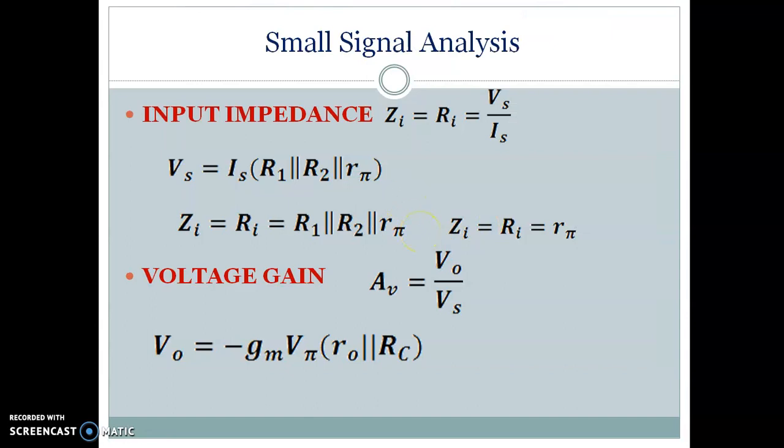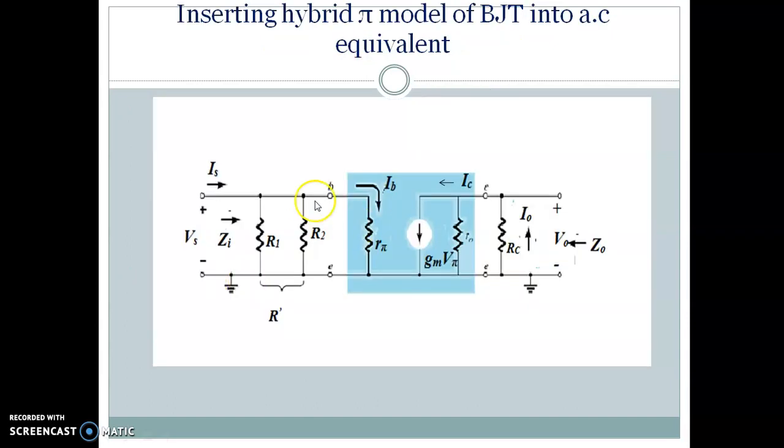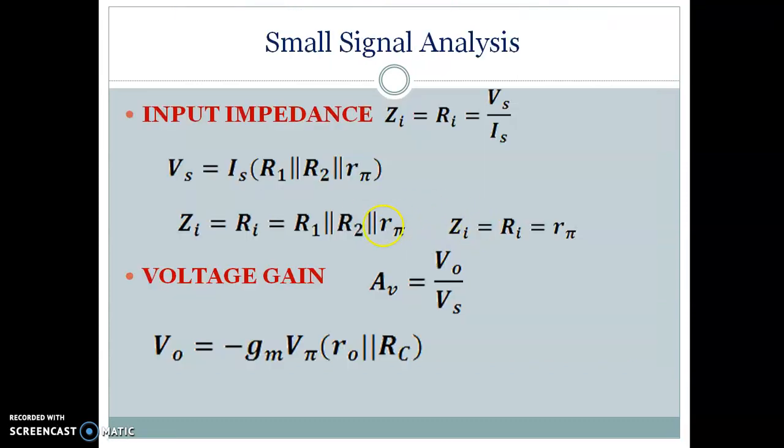Now you can see the input impedance is nothing but R1 parallel R2 parallel r_pi. Previously we got R' parallel RB, but here it is R1 parallel R2 parallel r_pi, out of which r_pi is the smallest value. So your Zi will be approximately r_pi.